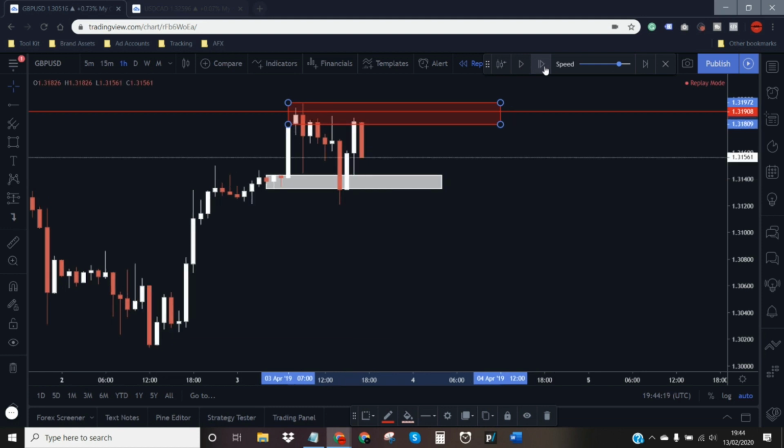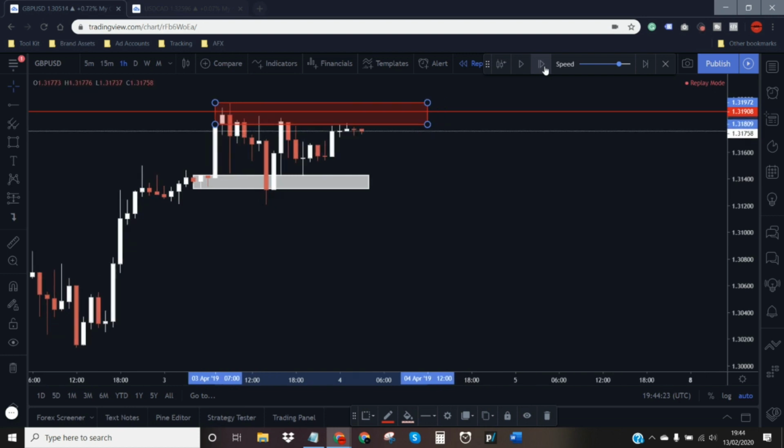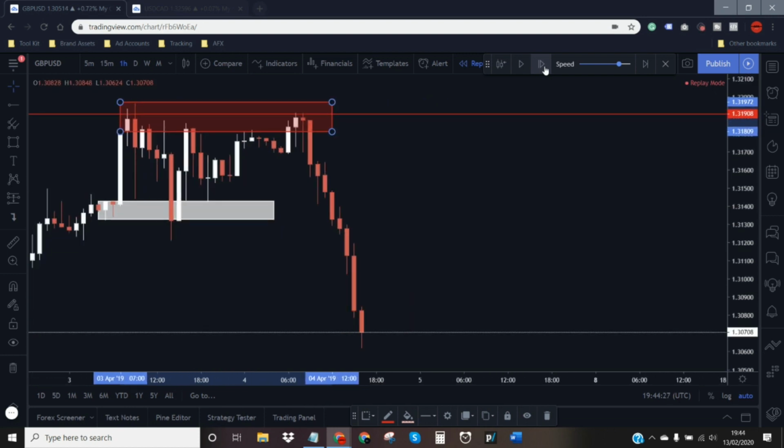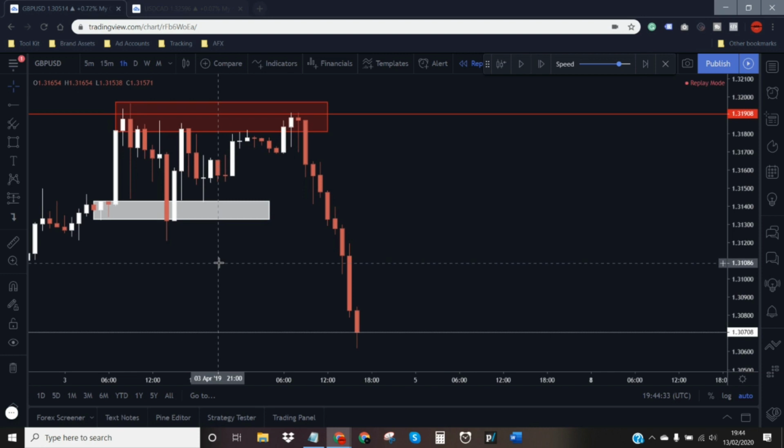So now I've got the move back into our birth. And now we've got a nice break to the downside. So that is the event 2. That's as simple as it is.